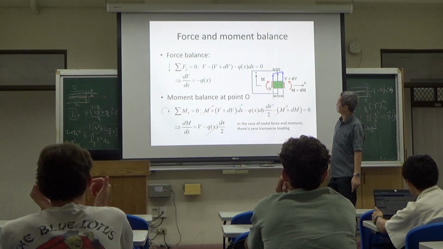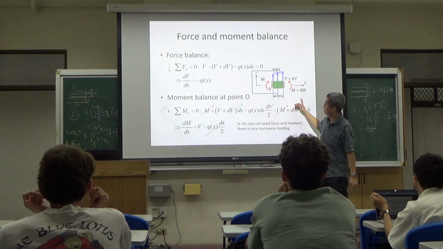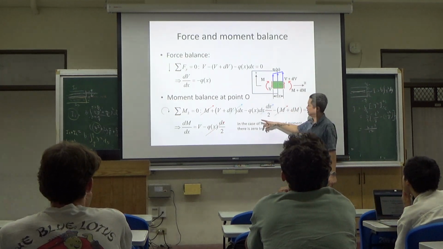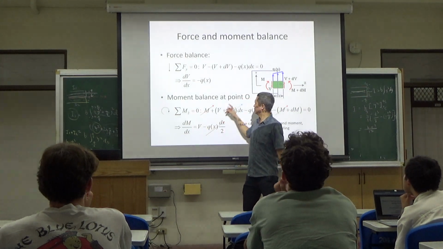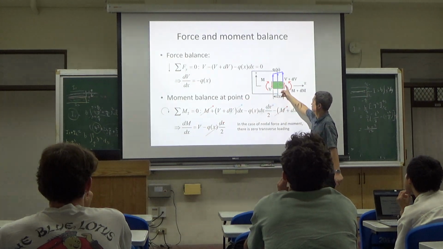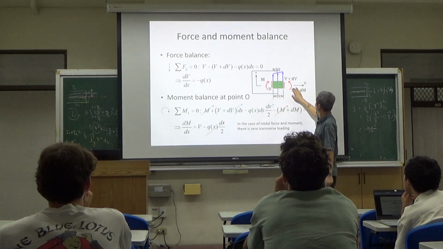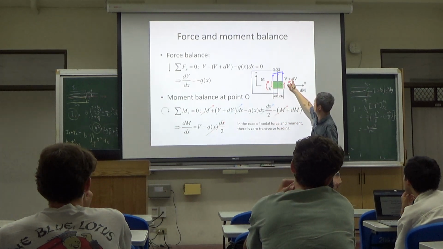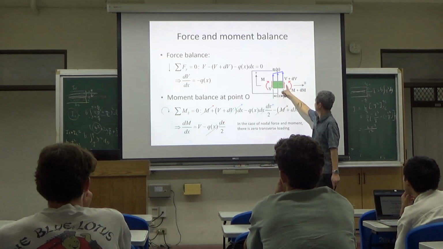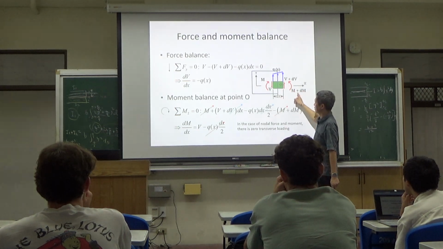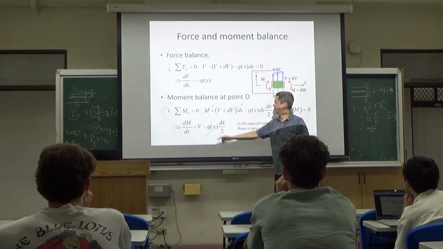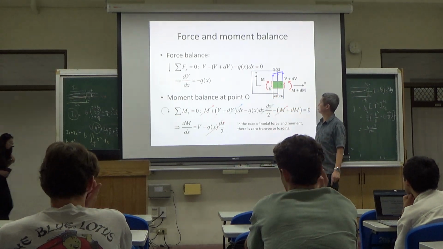Yep. And then next, you have the moment sum. Okay, the moment sum about the second point. You are going to have zero contribution of the shear force to the moment, and then the moment on the right hand, M plus dM, is going to be subtracted away by the M on the other side.